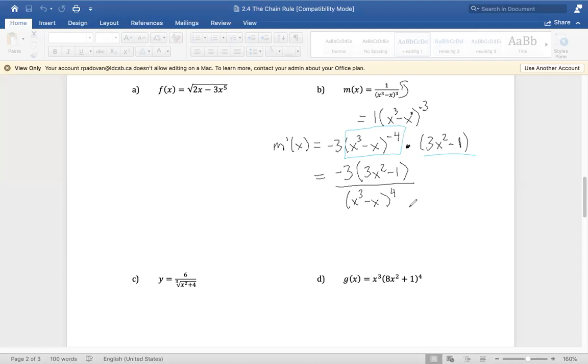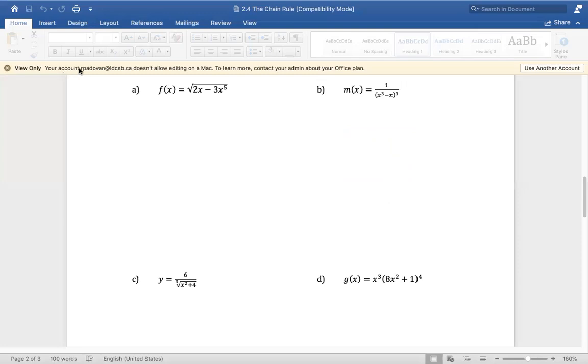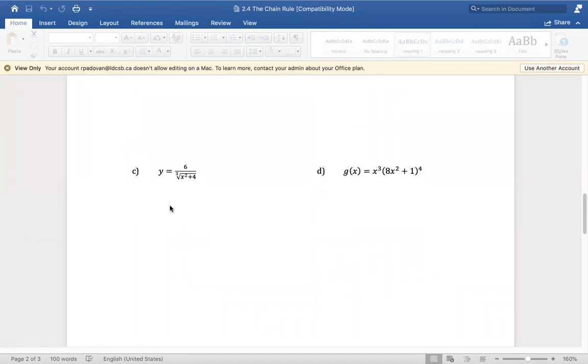So let's take a look at the next example. Go one step a little bit more difficult here. Okay, so what do we notice here? Again, first thing, the same as B, this is to the power of 1/3 if I were to get rid of the radical.